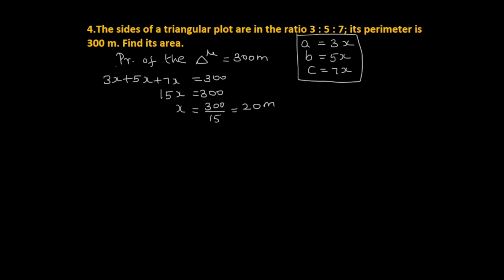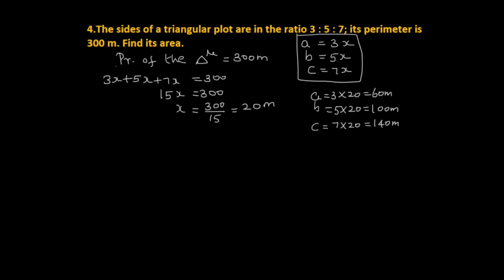So what about our A? A is equal to 3 into 20, 60 meter. B is equal to 5 into 20, 100 meter. C is equal to 7 into 20, 140 meter. When we add these, we get 300. So these are our three sides.